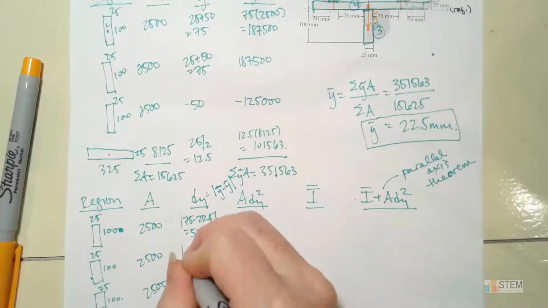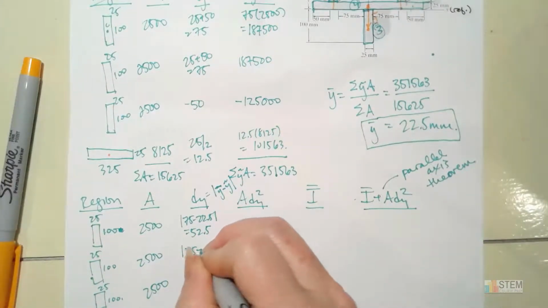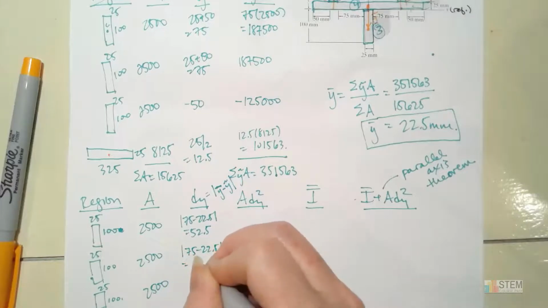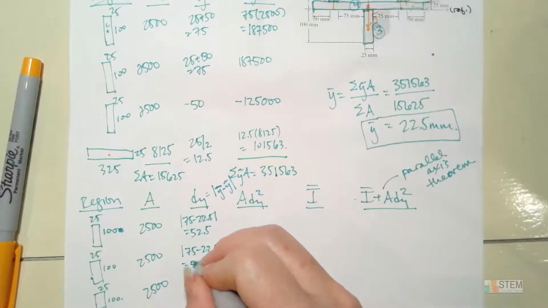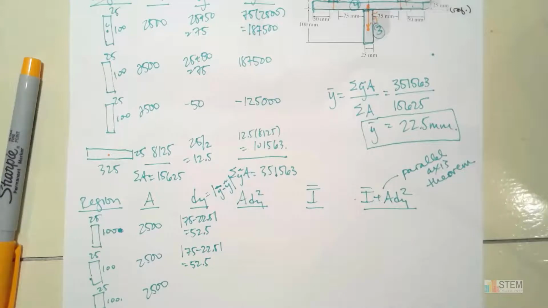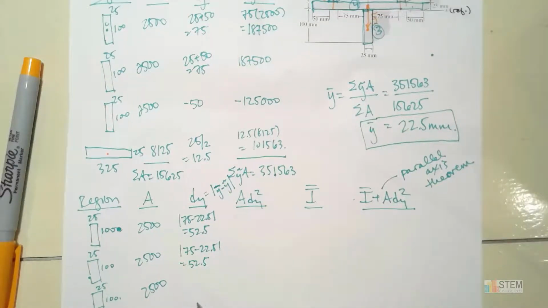Okay. So 75 minus 22.5, and then that's going to be the same thing we had before. So 52.5. Okay, and we'll get to these parts in just a second. Let's go ahead and fill these in so I don't have to go back up and down once we get done.